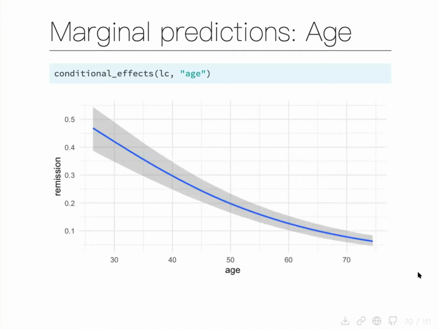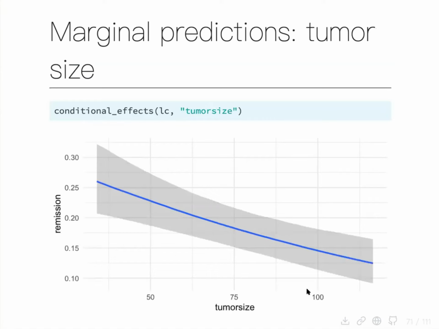All right, but we can look at the marginal effects just like we did before. Conditional effects of LC using age. And you can see that as age goes up, going from a 30-year-old to a 70-year-old, that's a pretty steep relation, right? The odds of remission, or actually this is on the probability scale, the probability of remission decreases pretty steeply as age increases.